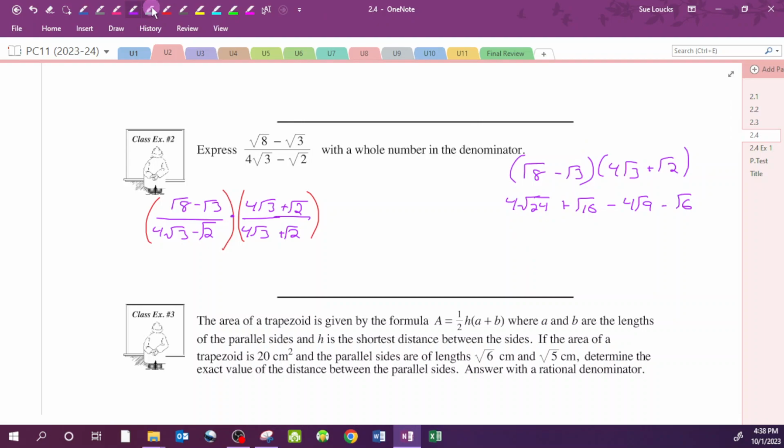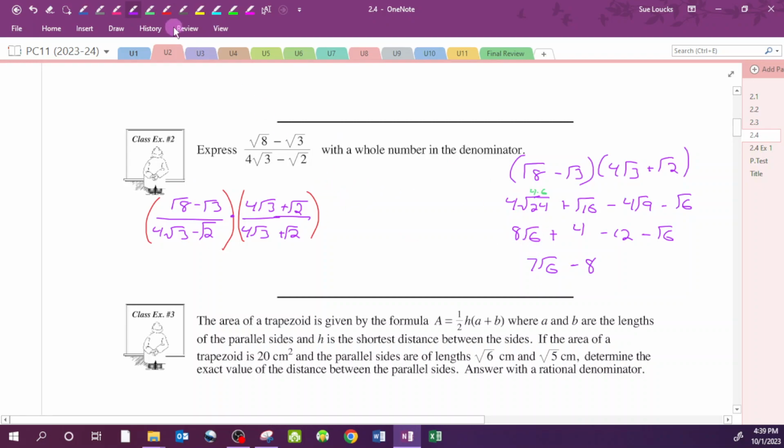So 24, that is 4 times 6, so that's 2 root 6, and then if I multiply that by 4, that is going to be 2 times 4 is 8 root 6. And then root 16 is just 4, and well, root 9 is just 3, so that's minus 12, and then minus root 6. So if I group things, I get 8 root 6 minus root 6 is 7 root 6. 4 minus 12 is minus 8. So that's my simplified numerator.